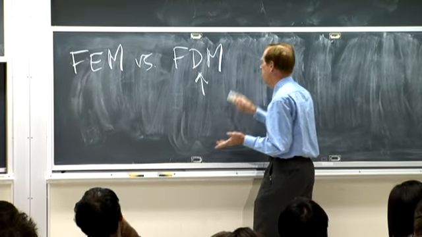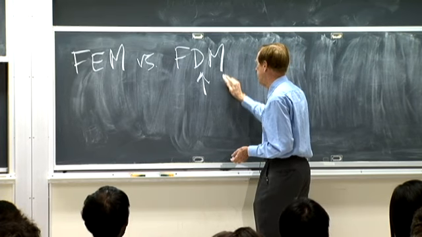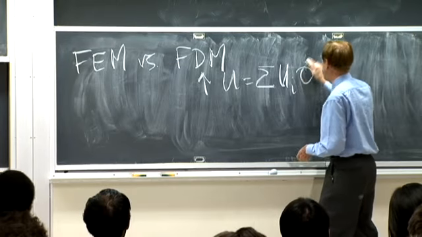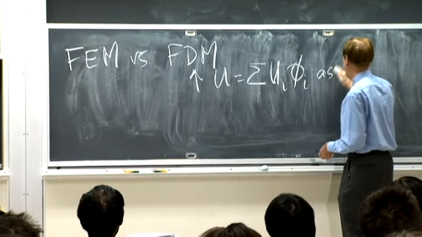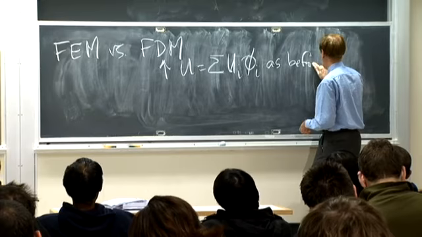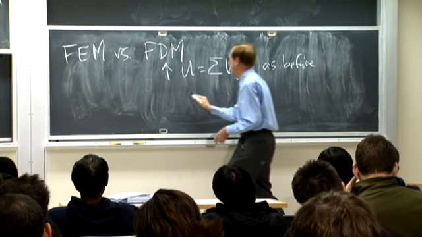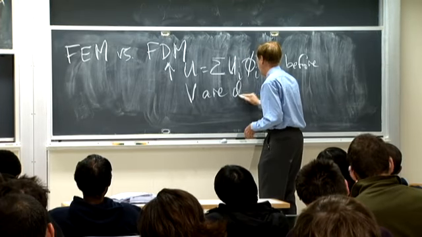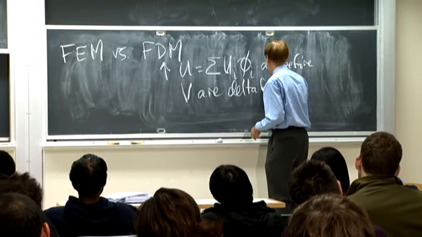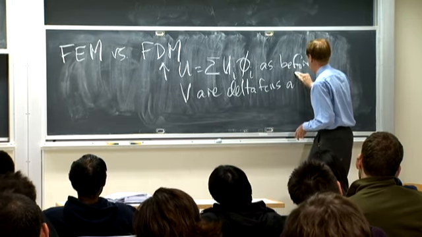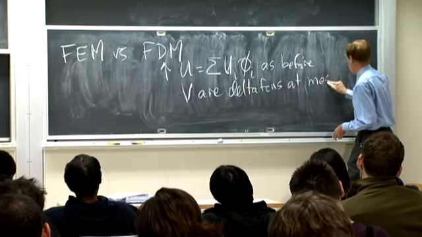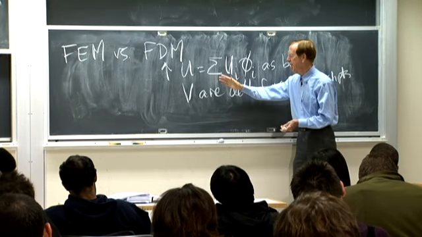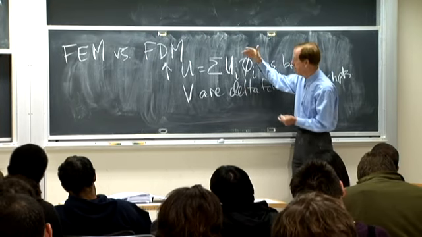Suppose I have my solution U as a combination of the phis, as always, as before. But my test functions V are delta functions at mesh points. Up to now we've always taken the V's to be the same as the phis.